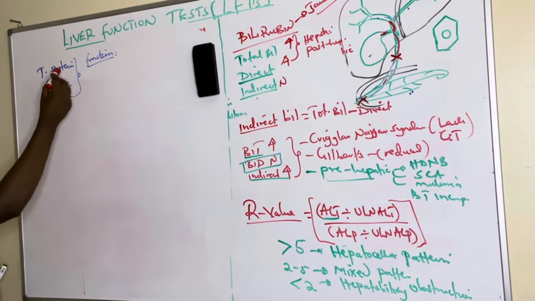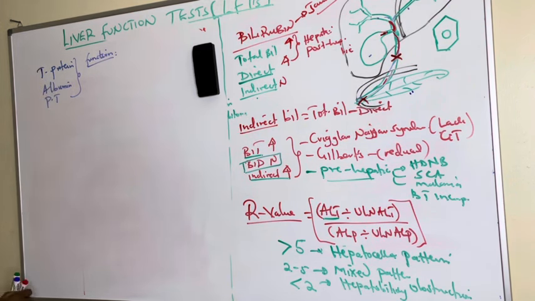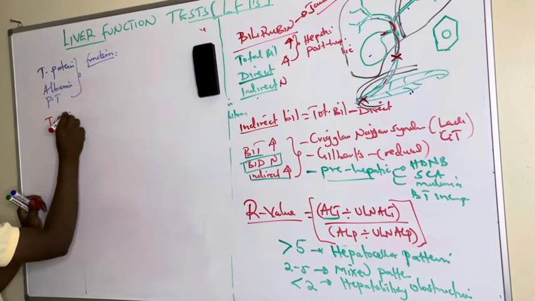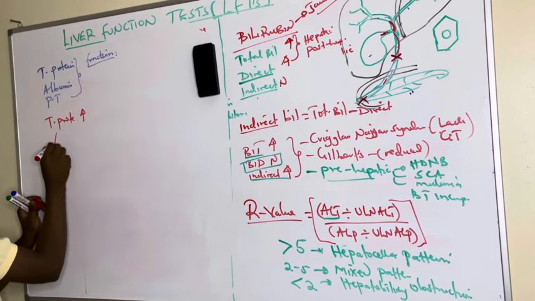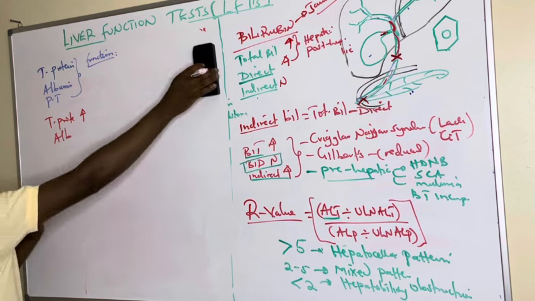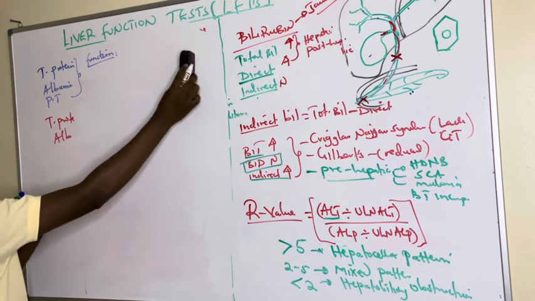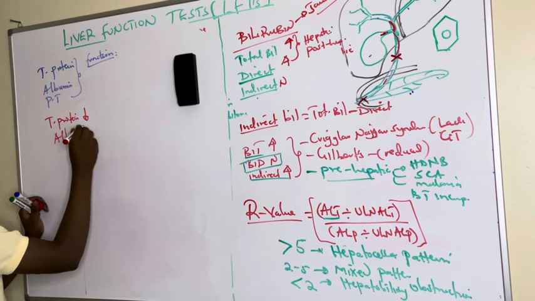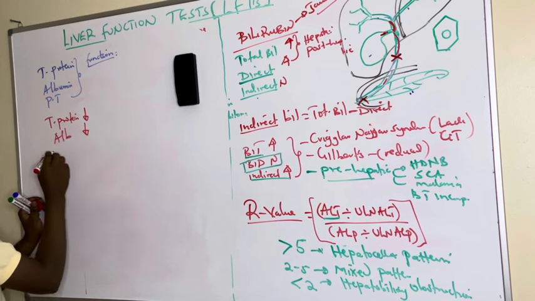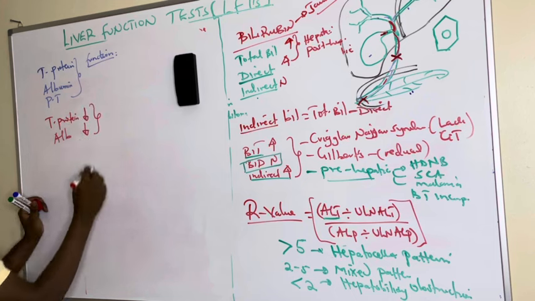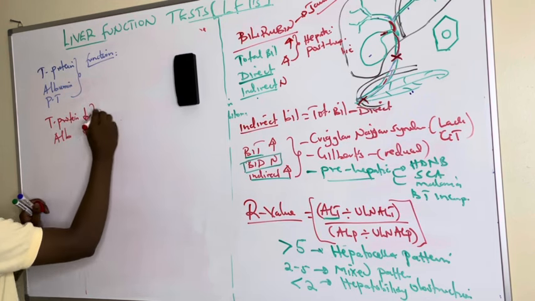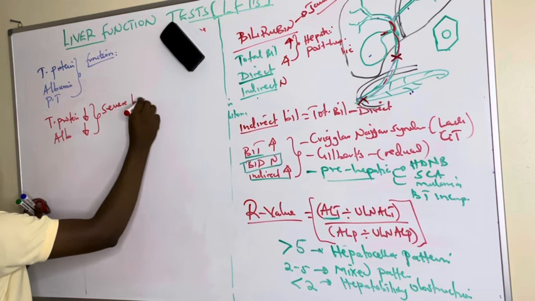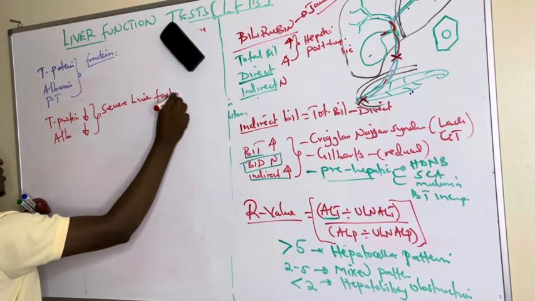And for these total protein and albumin, whenever I do the test and I find total protein and albumin are low or decreased, these are caused by conditions like severe or chronic liver disease or liver failure.